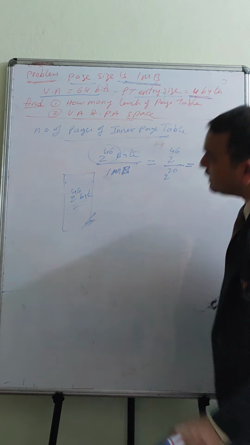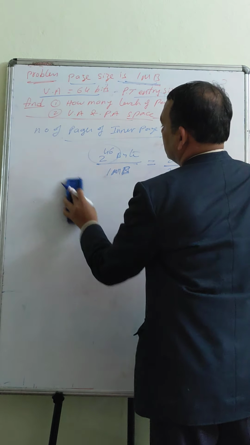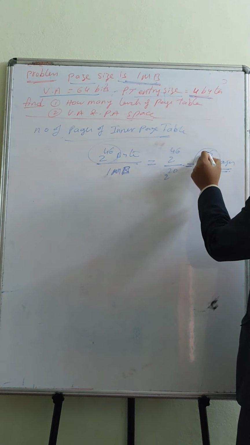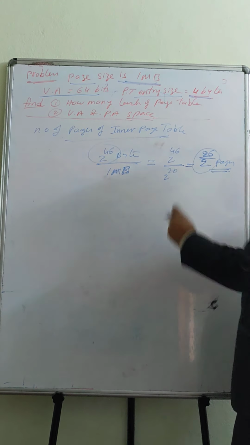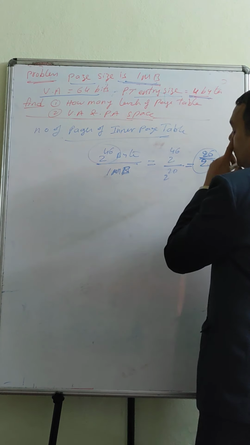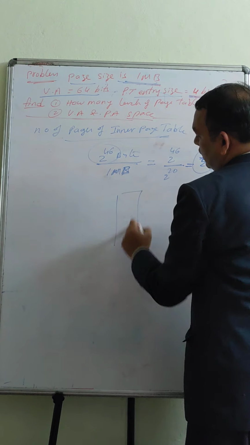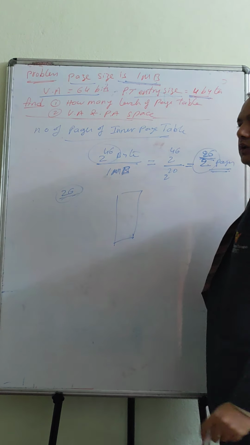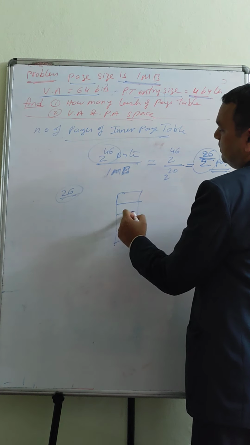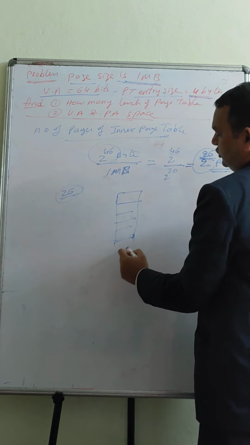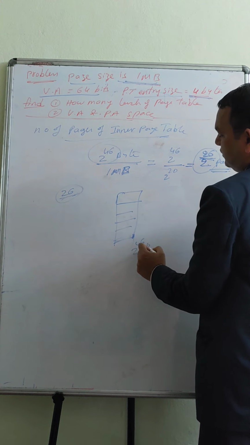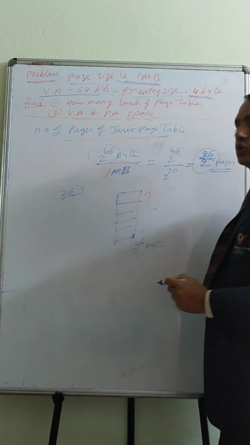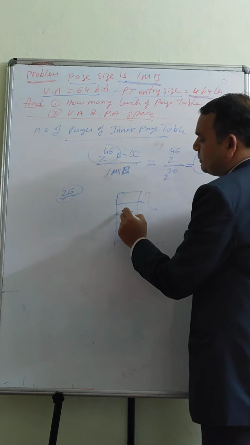Now these 2 power 26 pages, my dear friends, show that we need 26 bits to go to any one of the pages. We need 26 bits to go to any one particular page.